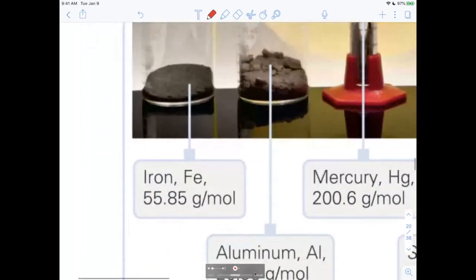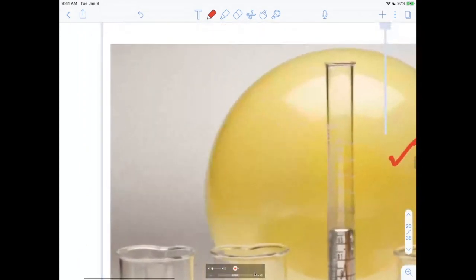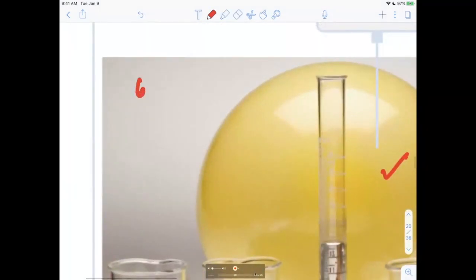Over here, you have iron. And iron takes a little more to get to 1 mole. To get to 1 mole of iron, you need to weigh out 55.85 grams. And once again, what all of these equal when you put them in the very powerful microscope and count the number of atoms is Avogadro's number, which is 6.022 times 10 to the 23 atoms for all these on the left.